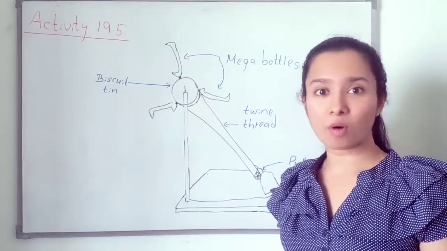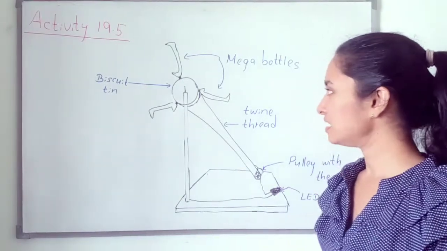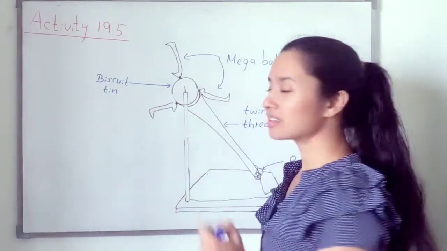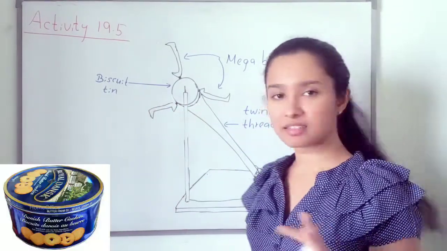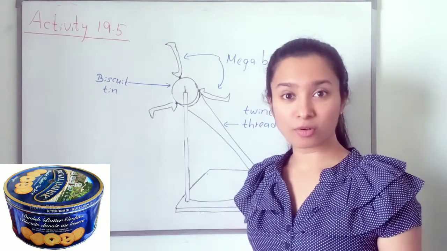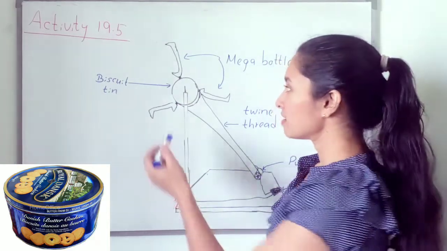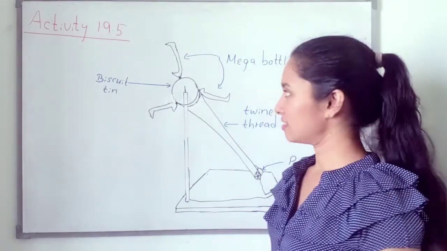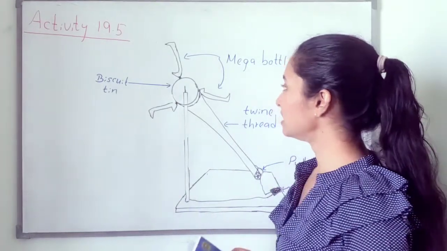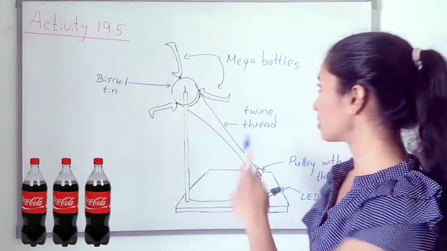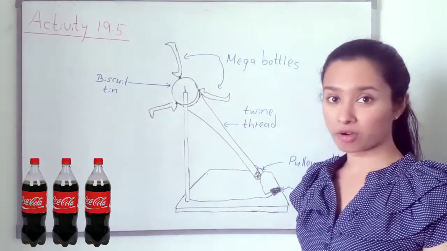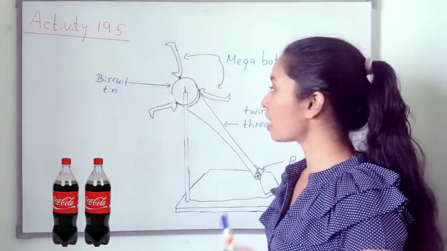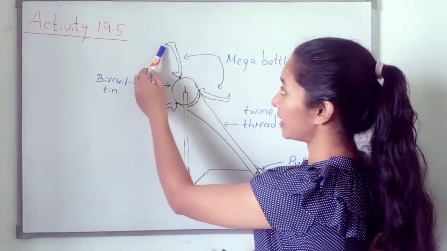To prepare this small turbine, we need a biscuit tin. You know there are biscuit tins. So first we have to take a biscuit tin. Then we need 3 mega bottles. And we have to cut these mega bottles like this.